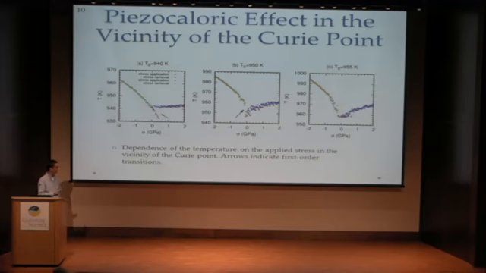Now, in the antiferroelectric phase, when we apply tensile stress, the temperature decreases as we expect, and then we have another jump, a rise in temperature. But what's different between the compressive and tensile stress is that this is an irreversible process, so we couldn't utilize it for, say, piezocaloric harvesting.